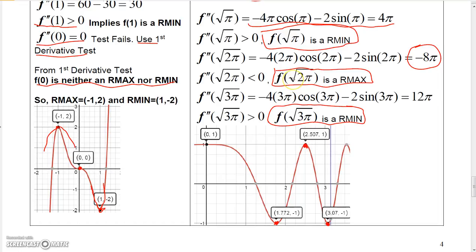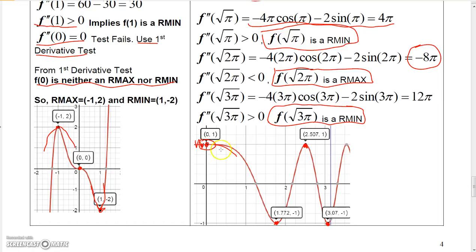So there's your relative max, and here are your two relative mins. Now, the point 0, 1 is a maximum because, as I said, just to the right of 0, the function is decreasing. So in this neighborhood, that point is a maximum because we don't actually count the stuff on this side.